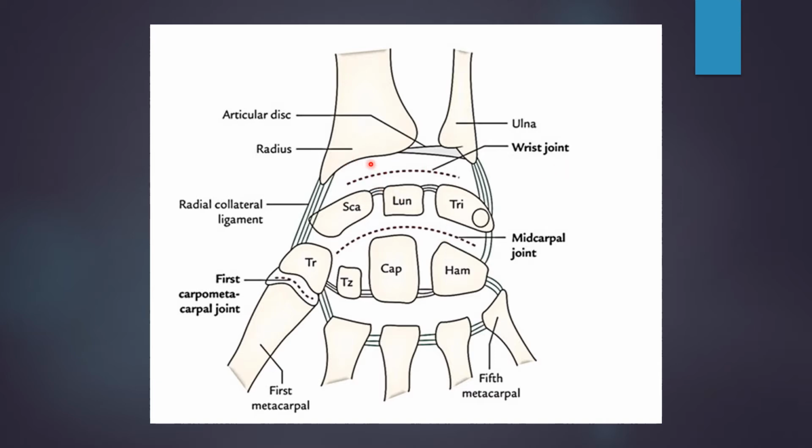And coming to the articulation, as you can see, the radius articulates much more than the ulna, where the ulna doesn't articulate with the carpal bones. I'll be talking about that. The radius articulates with the scaphoid and lunate, where the ulna actually doesn't articulate, but it is in a floating manner.